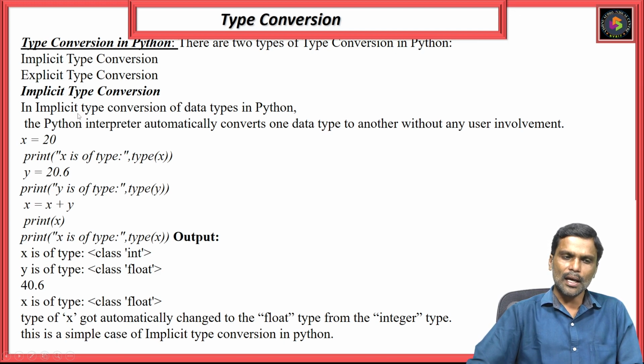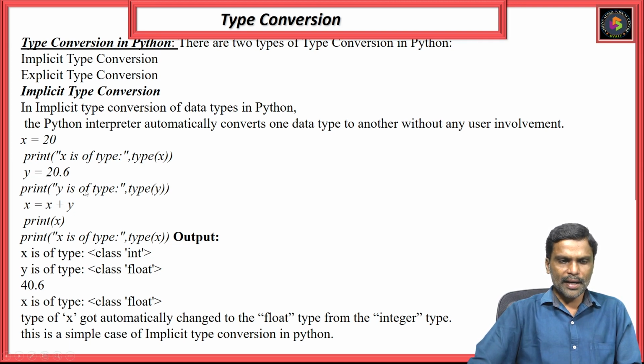For example, I have given x is equal to 20, print type of x. Then the interpreter itself gives that x is equal to 20 is int type, integer type.